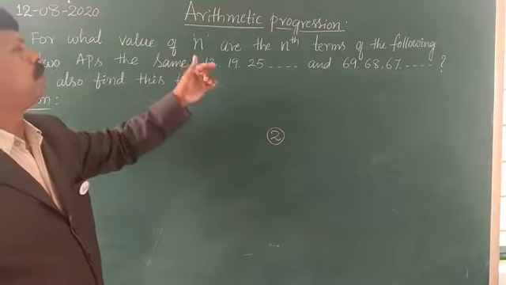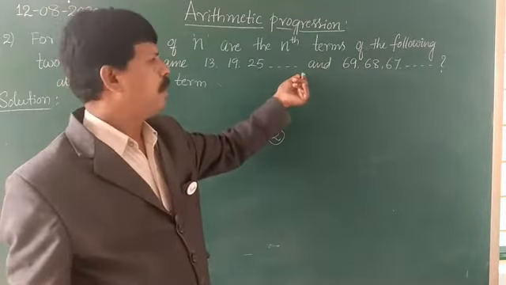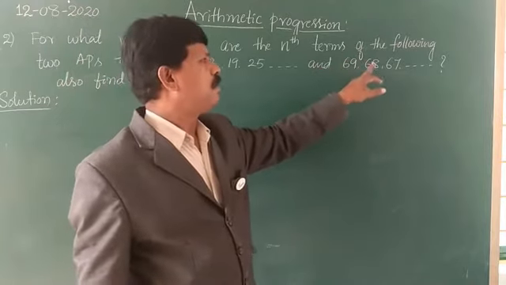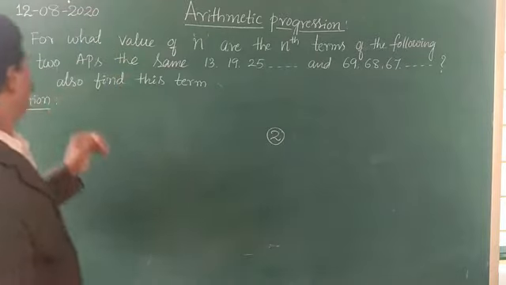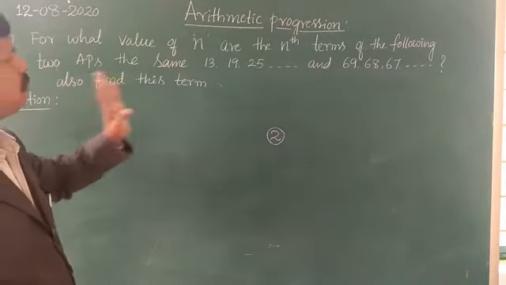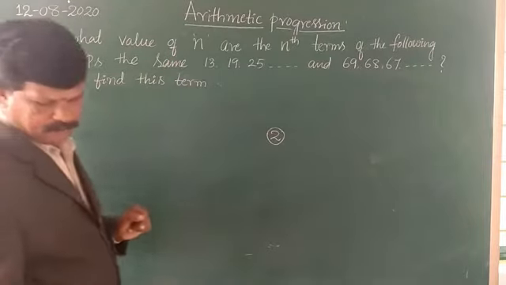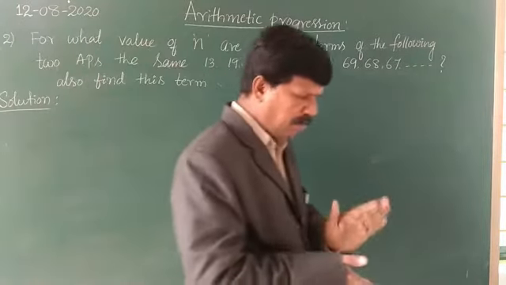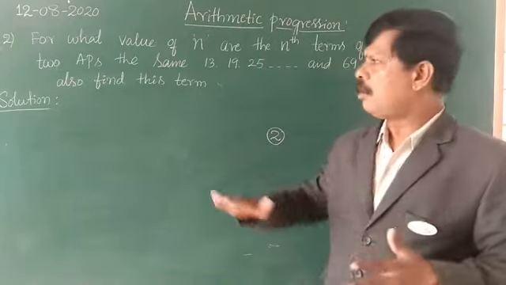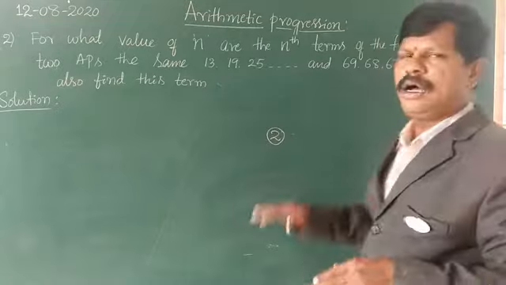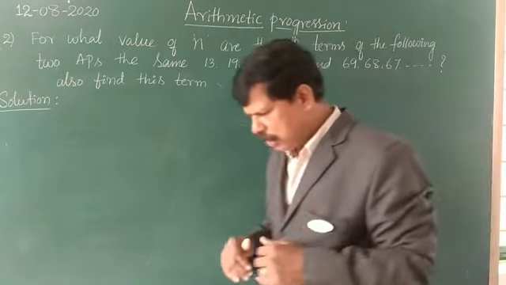The APs are 13, 19, 25, etc. and 69, 68, 67, etc. Also find this term. So we have to find out n, that means find out which term of these two APs is the same. Clear? So this is the question.